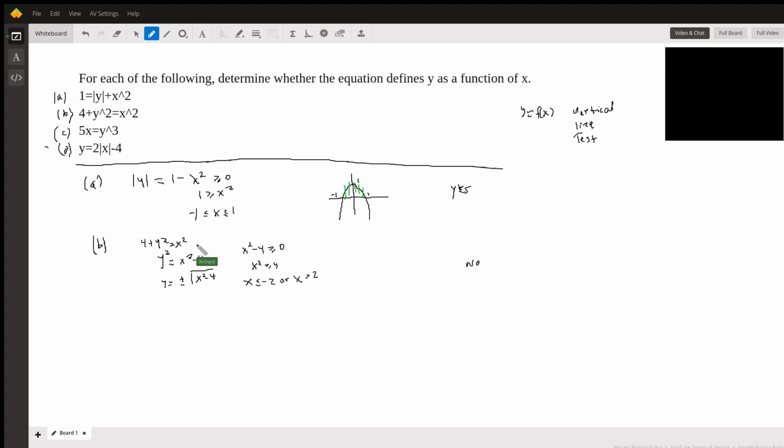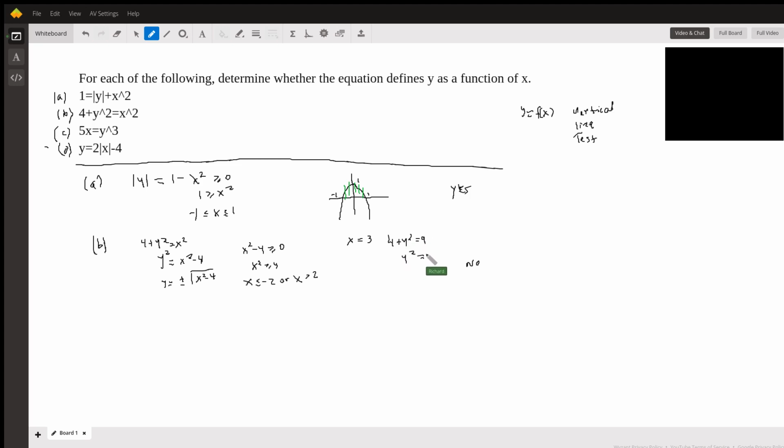So let me illustrate this with a value that's in the domain of this function. We'll pick 3. When x is 3, what happens? You get 4 plus y squared is equal to 9.